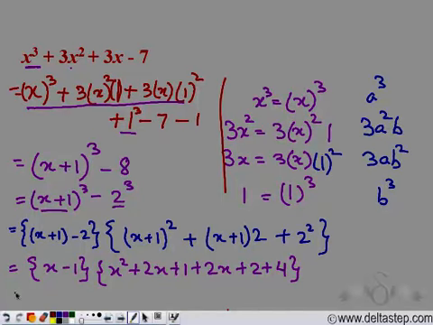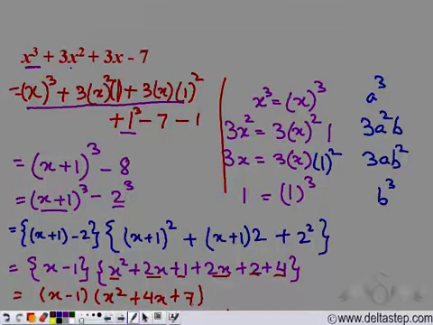So finally we have x minus 1 into, we have an x square term here. We have 2x plus 2x, that is 4x. We have 1 plus 2, 3 plus 4, 7. So this is the factorized form of this expression. It can be written as x minus 1 into x square plus 4x plus 7. Now this cannot be factorized further.